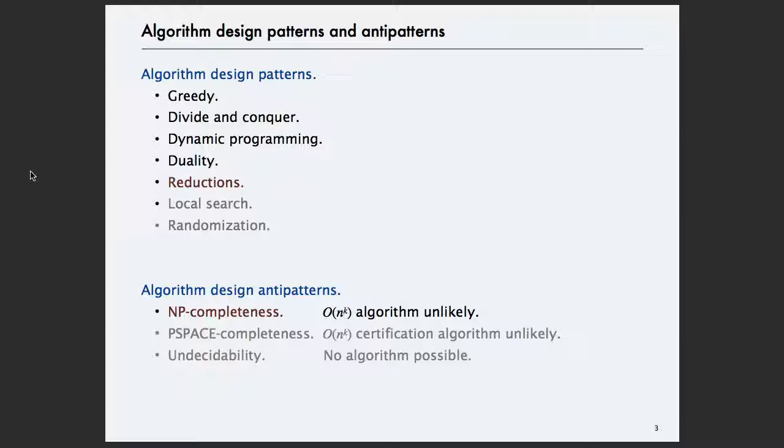Actually, you can be even more doomed, and so we're going to talk a little bit about PSPACE and that stuff. But NP completeness is, we don't think that there is a polynomial time algorithm. And so we are going to see what that means. There's even worse stuff. PSPACE is kind of the next level of ugliness.